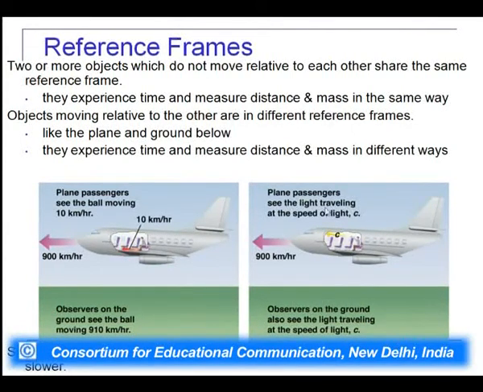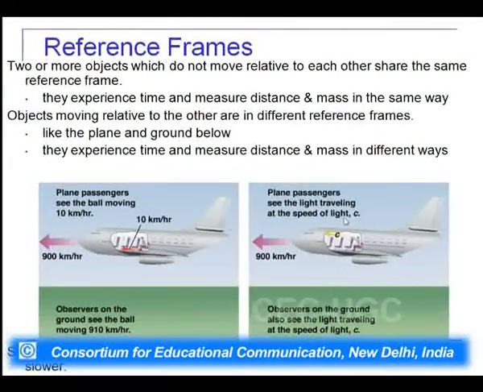Plane passengers see the light traveling at the speed of light c. If we replace the 10 km per hour with the speed of light c, it means the result for the observer on the ground and for the observer in the plane will be different. Observers on the ground also see the light traveling at the speed of light c. The plane passengers see the light traveling at the speed of light c.